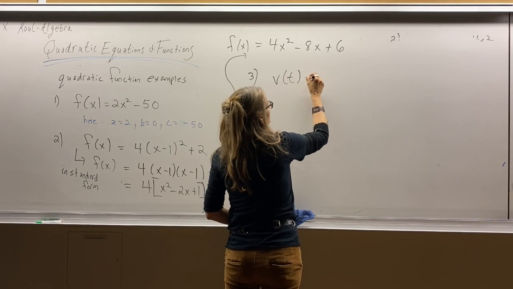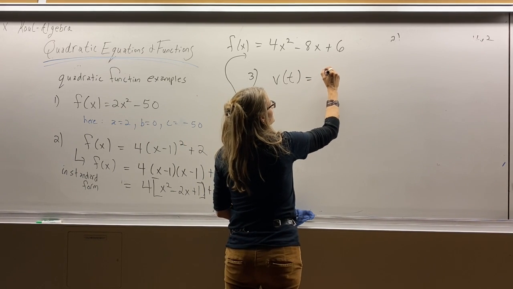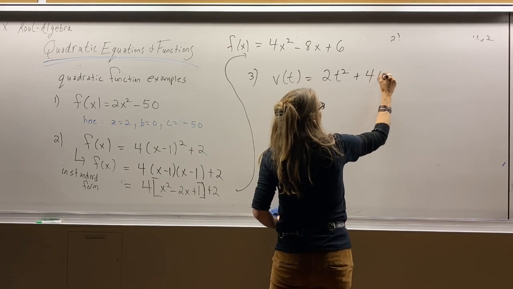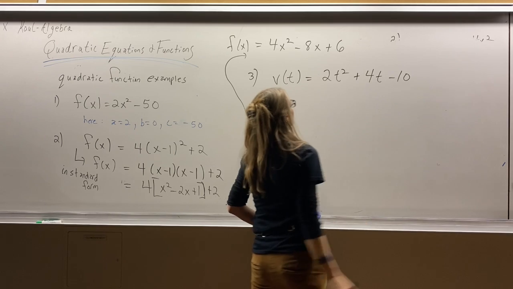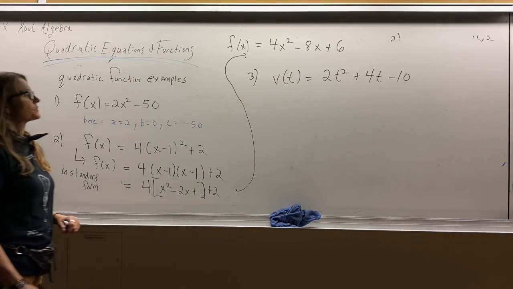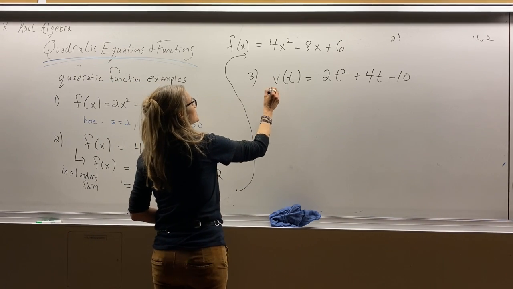Let's say I have velocity versus time is like 2t squared plus 4t minus 10. So this is another quadratic function, a quadratic function in two variables.